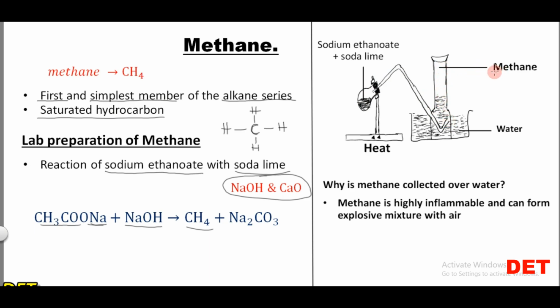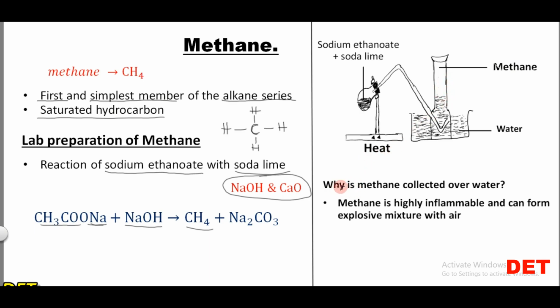It is very important that you know that methane is collected by downward displacement of air, and the reason is that methane is lighter than air. That is why methane goes up.